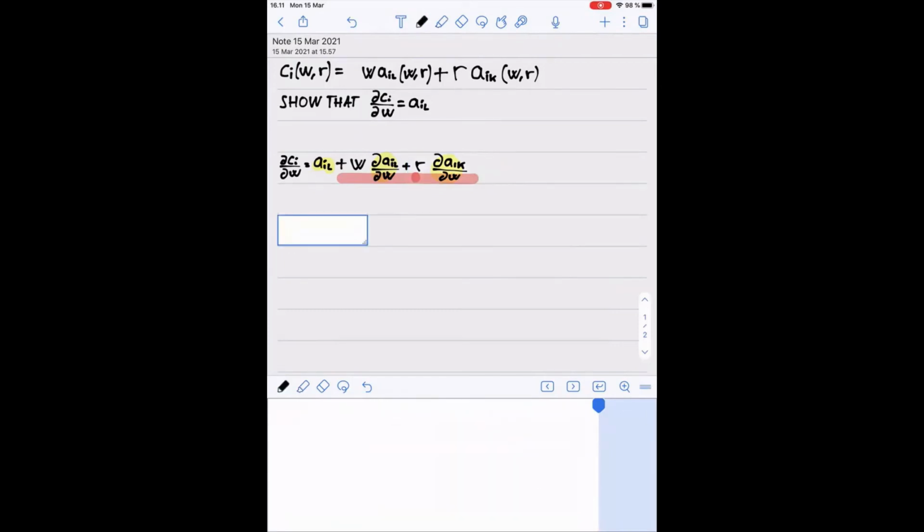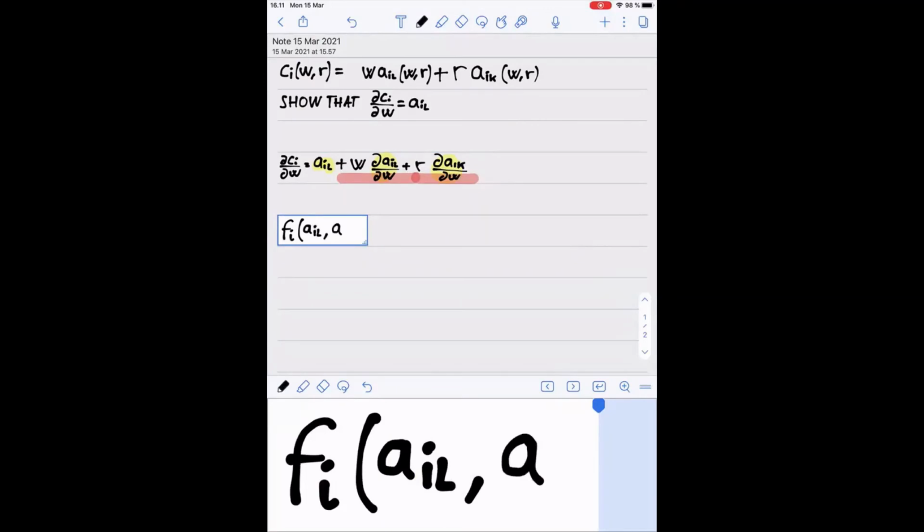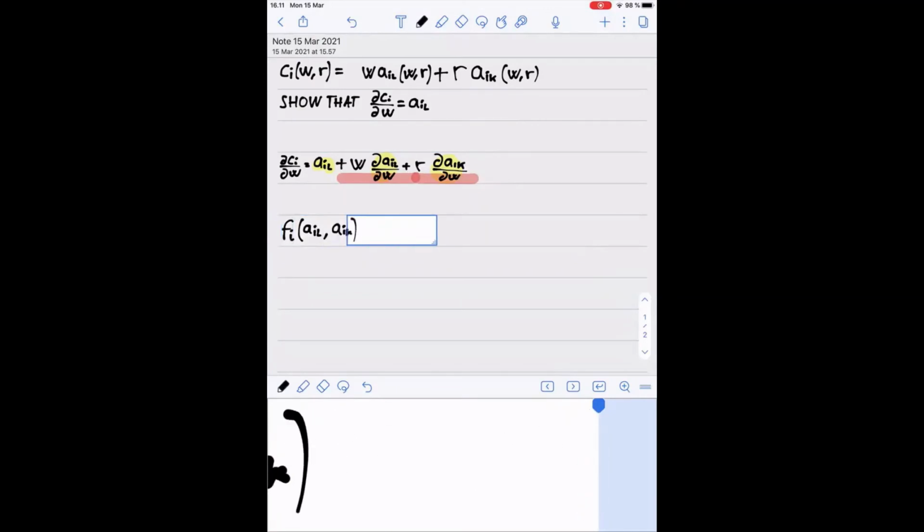Let's consider the production function evaluated at the unit factor requirements. Meaning, if I write F_i, the production function for good i, evaluated at the number of workers, a_iL, and the number of machines, a_iK, what is that equal to? Well, pause for a second, think about it, and you'll see that the answer is 1.